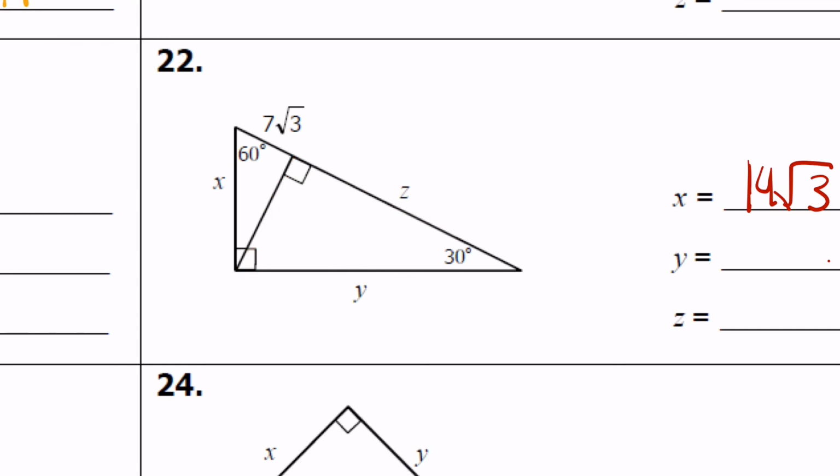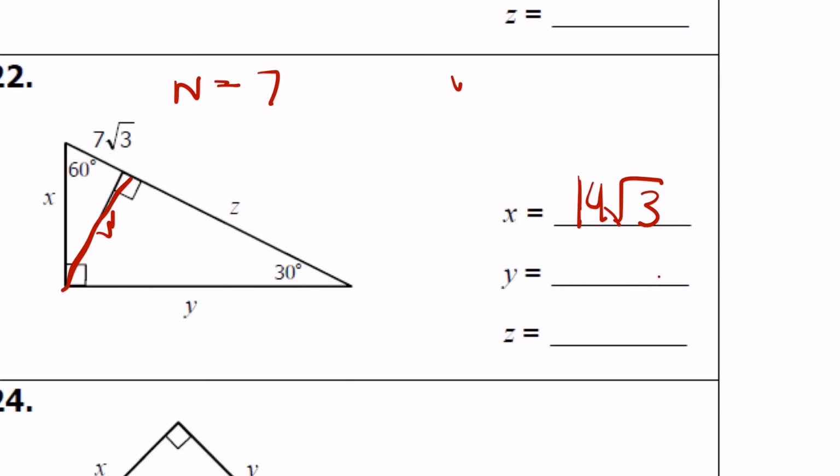Okay, so this is the long side of this little triangle here. I'm going to call this W just because X, Y, and Z have been taken. So W is, in this case, equal to 7 square root of 3 times the square root of 3.